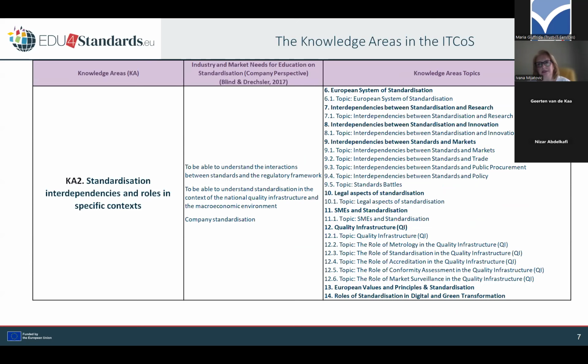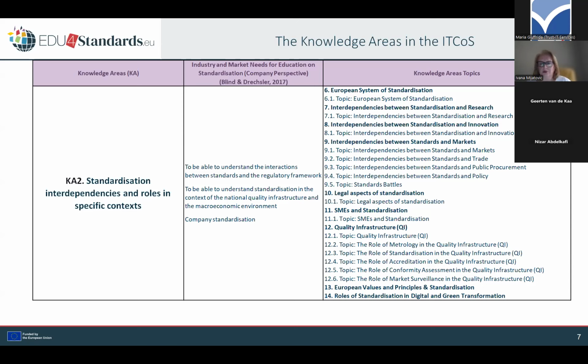In this area, we initially identified topics like the European system of standardization, interdependence between standardization and research, interdependencies between standardization and innovation, interdependence between standards and markets, legal aspects of standardization, standardization in small and medium enterprises, quality infrastructure, European values and principles and standardization, and the role of standards in digital and green transformation.